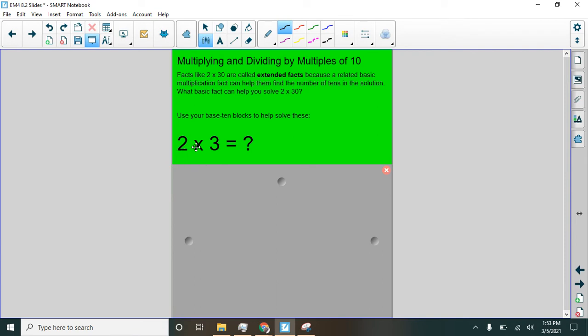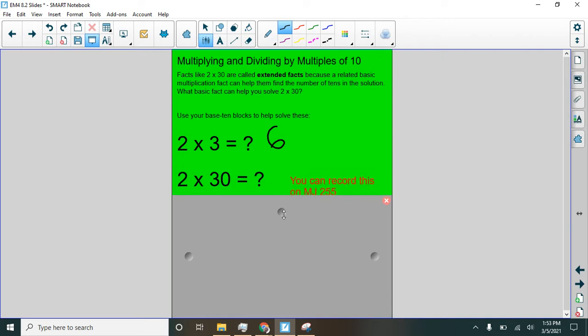So look, 2 times 3. This is just a basic fact. We know this is 6. If we had 2 times 30, let me teach you a little trick here, okay? The way I like to do this, now I know this is 2 groups of 30. I know the answer is 60 because we just did this on the other screen.